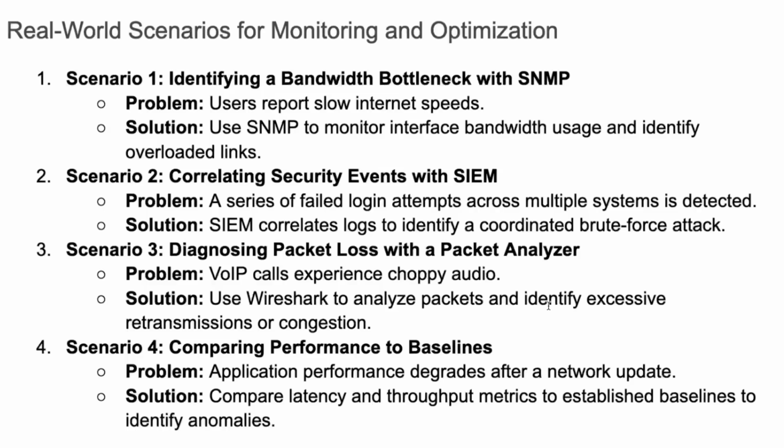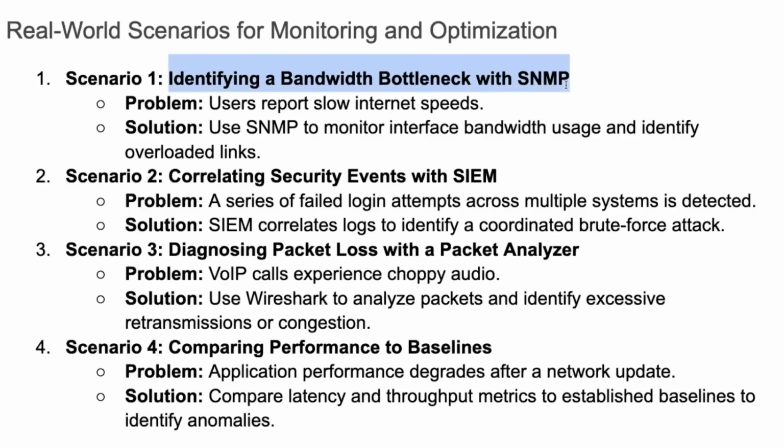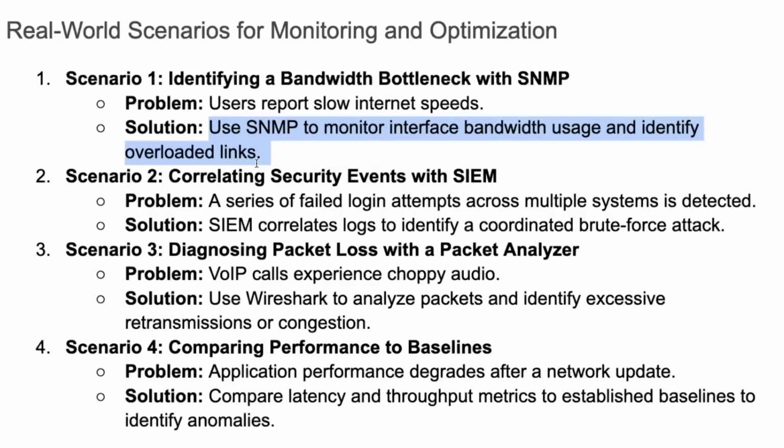All right, scenario time. Scenario 1, identifying a bandwidth bottleneck with the SNMP protocol. The problem is that users report slow internet speeds. So we use SNMP to monitor the interface bandwidth usage and identify overloaded links. That's something that can be done using SNMP.